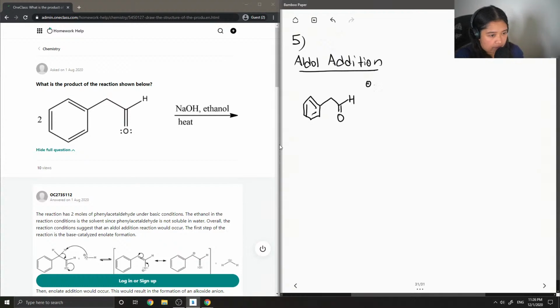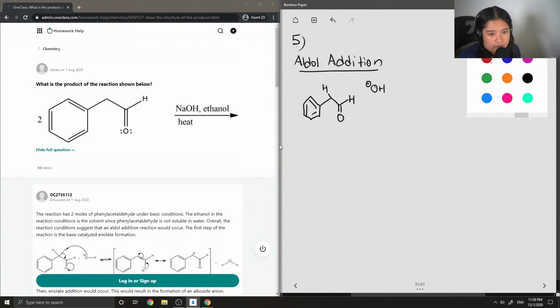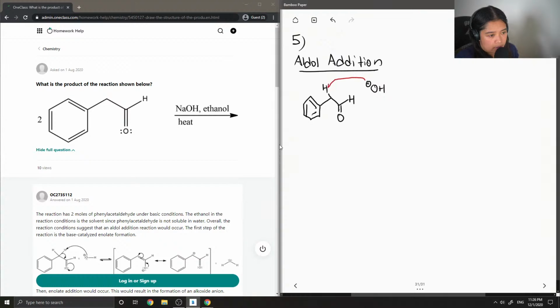And the first step is the base that takes this proton, bringing it down.